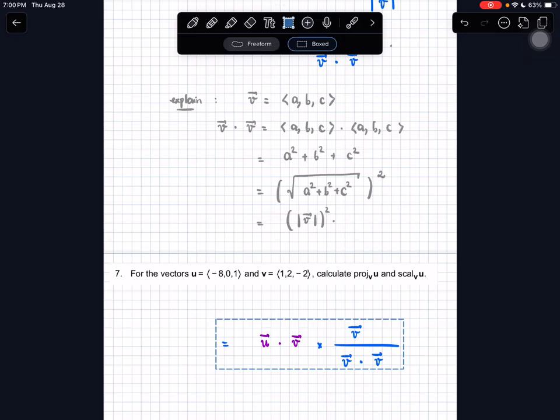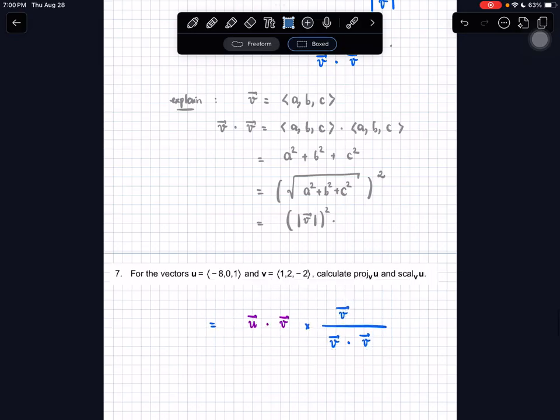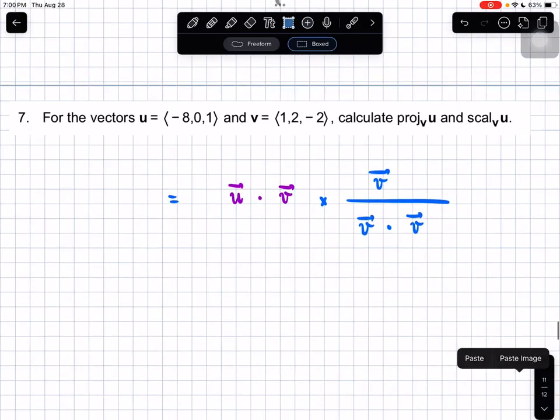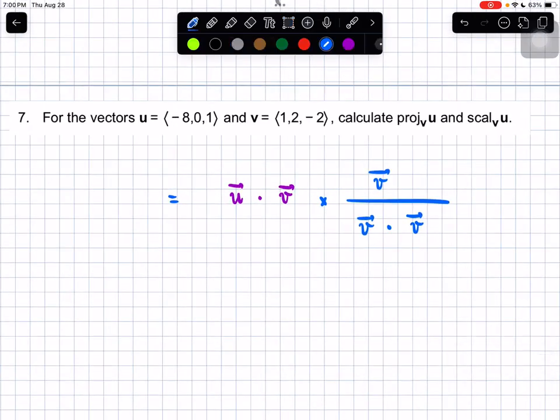Projection of vector u onto vector v. U dot v is (-8, 0, 1) dot (1, 2, -2).